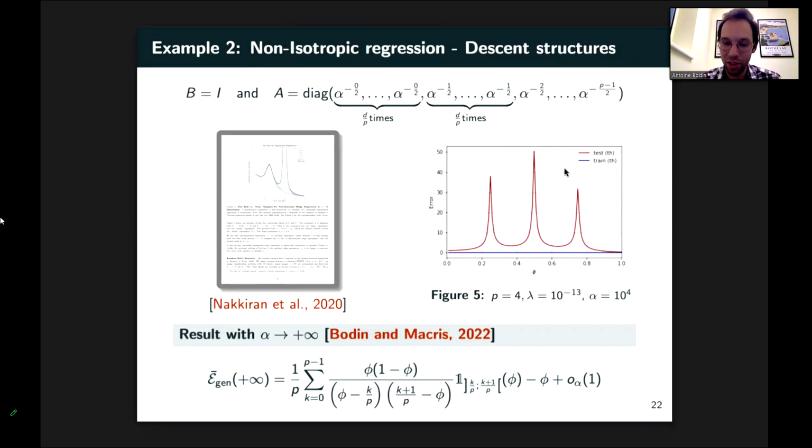And you can use, again, this whole machinery to really describe how things are evolving. So there was a paper originally from Nakiran in 2020 that described this result empirically. And using this framework, we actually can show that there are some theoretical evidence for the existence of the very same shapes or the very same curves, but using some analytical expressions.